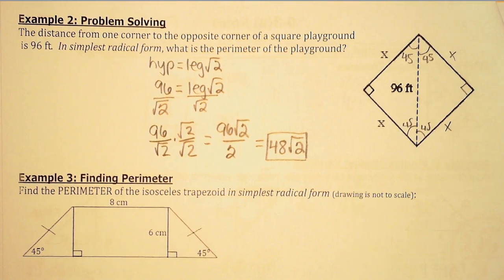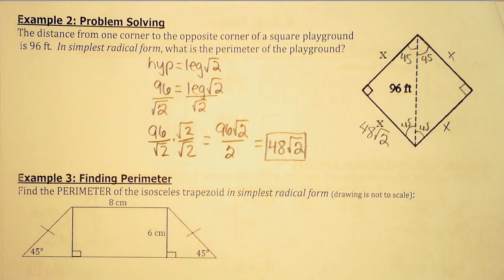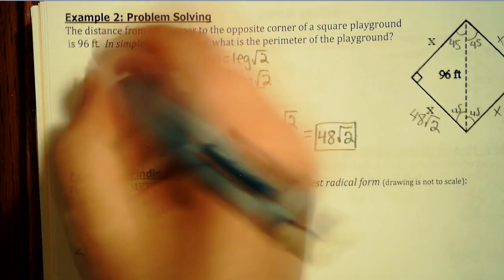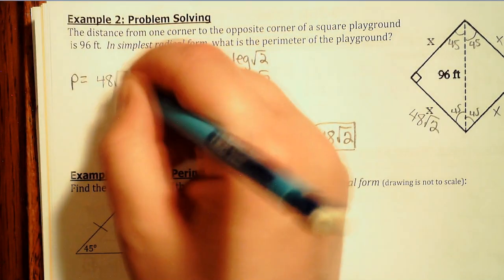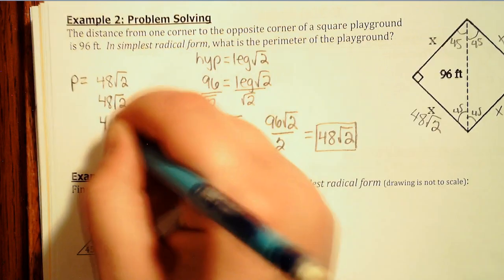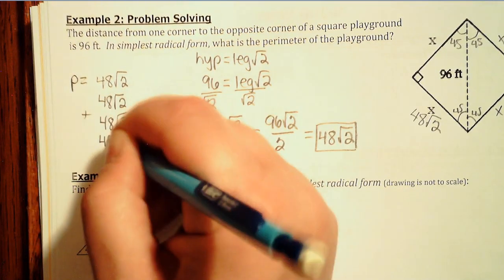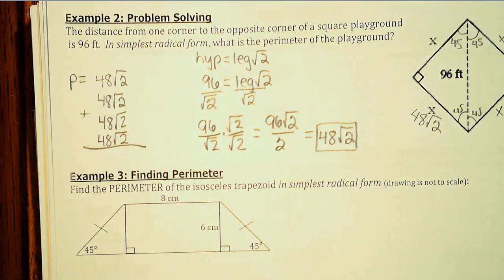Okay, now, if you look back, the question asks for the perimeter. So each one of these places where I have an X would be 48 radical 2. So if we're going to work on the perimeter here, I would add up all the sides. So 48 radical 2, 48 radical 2. We would add this all up 4 times. Or if you want to do 48 radical 2 and multiply that by 4, you can do that as well.